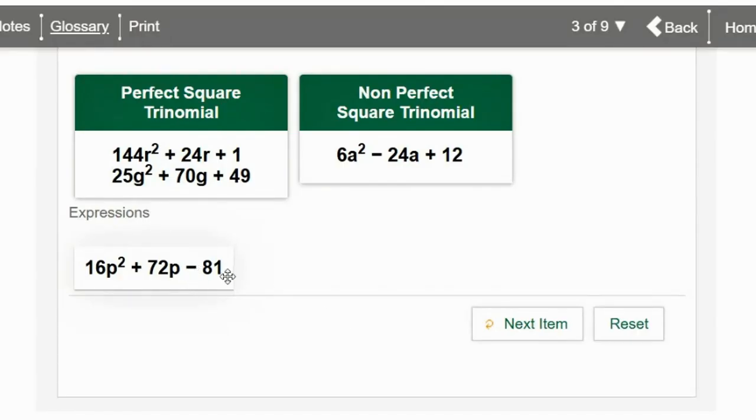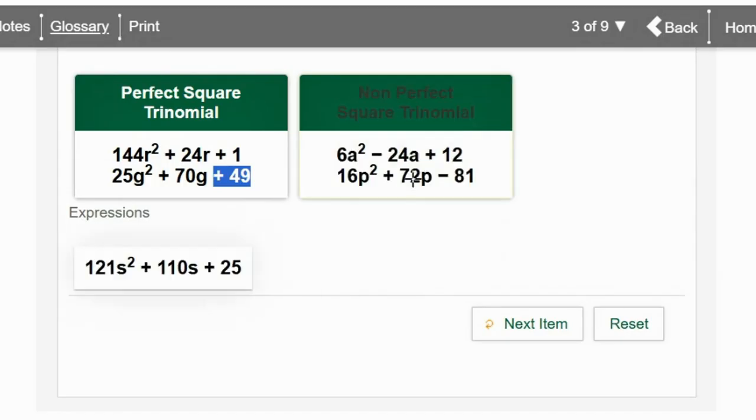See, 1 times 1 is 1. 7 times 7 is 49. 9 times 9 is positive 81. Negative 9 times negative 9 is a positive 81. It's the negative 81 that doesn't work. The numbers are right.